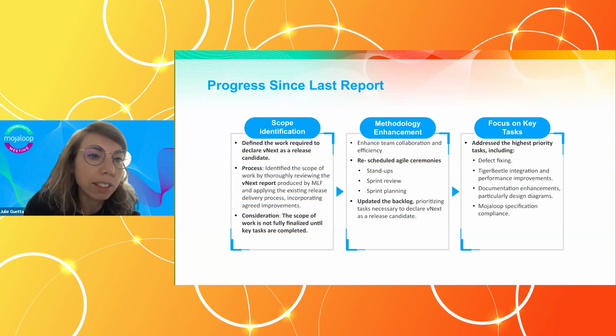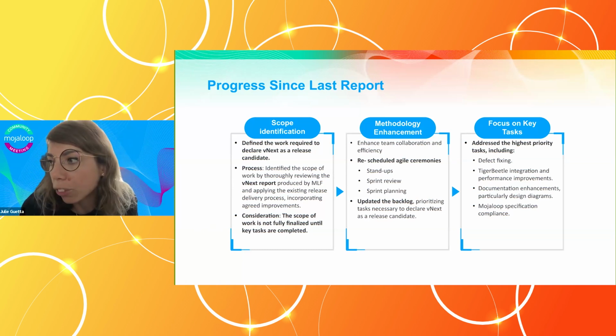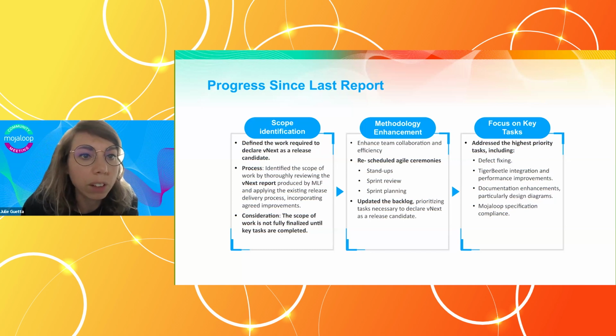So we used it as well to establish what is required. For example, we have a few documents that need to be improved to make sure that we stick to the standard release processes.